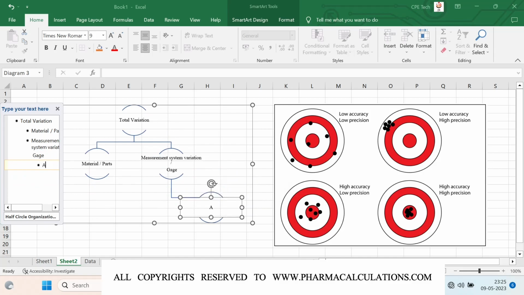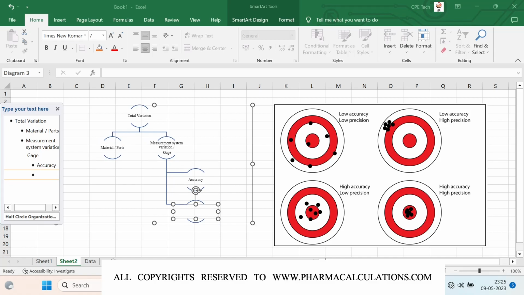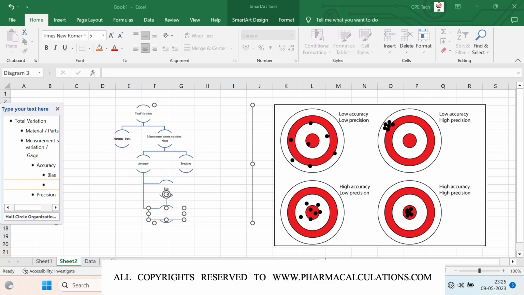The first thing is accuracy, whether the system is accurate or not. And the next one is precision, whether the method is precise or not. Coming into accuracy, we can give the breakup as bias, linearity and stability.